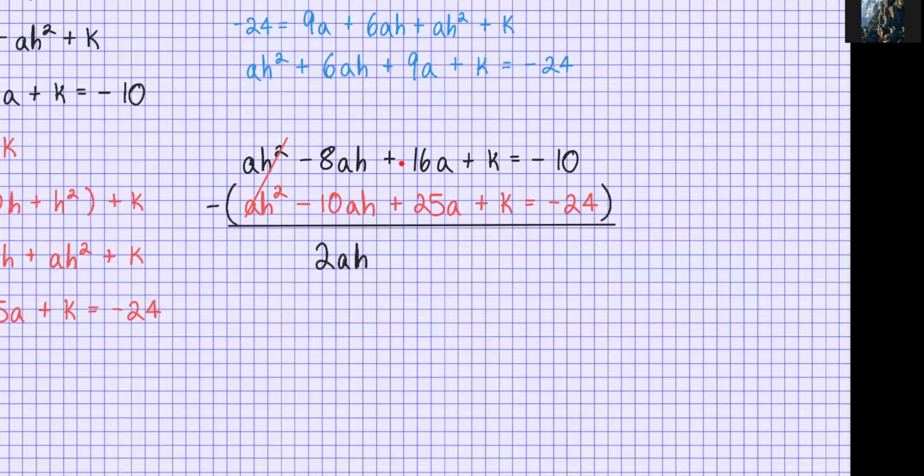Then 16 minus 25 will be negative 9a. And then this will be equal to negative 10 minus negative 24, which will be positive 14.